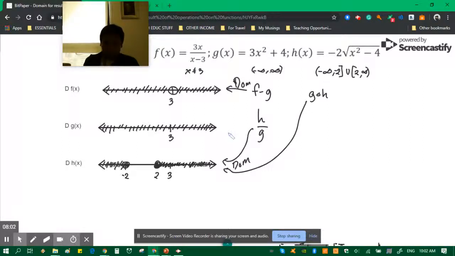But what about f of h? Now for f of h, it involves the denominator x minus 3 and the radical x squared minus 4. So again, comparing these two, we simply need to take what's common for both of them.